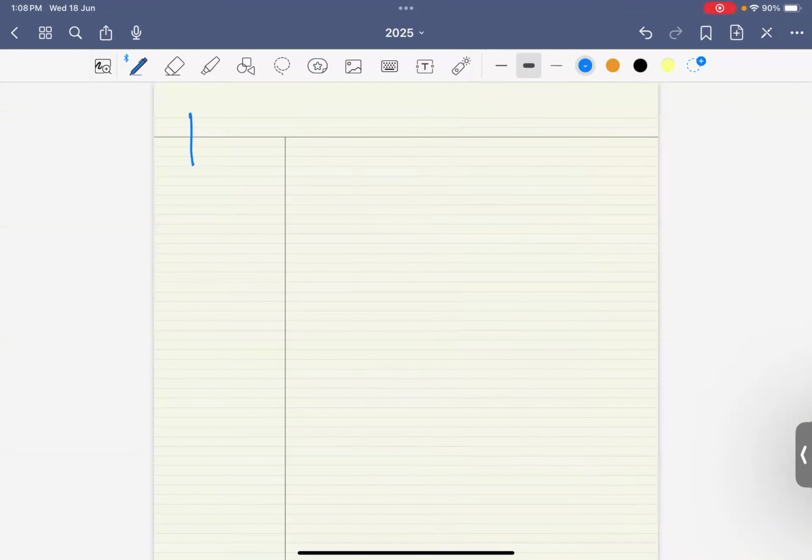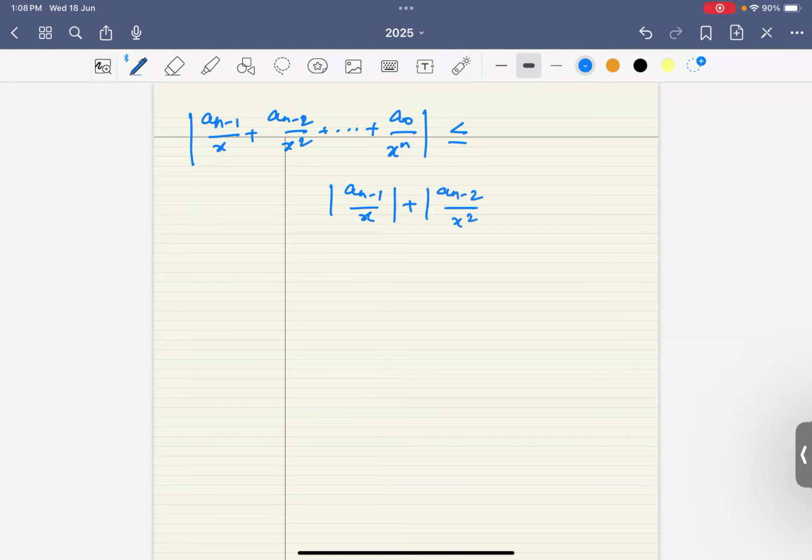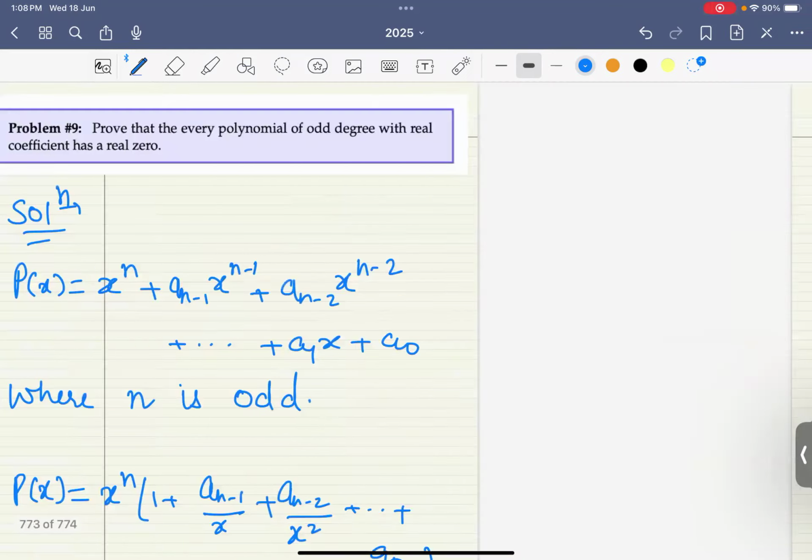You can think of the mod of a_{n-1} upon x plus a_{n-2} upon x squared, and so on, up to a_0 upon x to the n. By the triangle inequality, we can agree that this is less than or equal to mod of a_{n-1} upon x plus mod of a_{n-2} upon x squared, and so on, plus mod of a_0 upon x to the n. That is simply the triangle inequality.